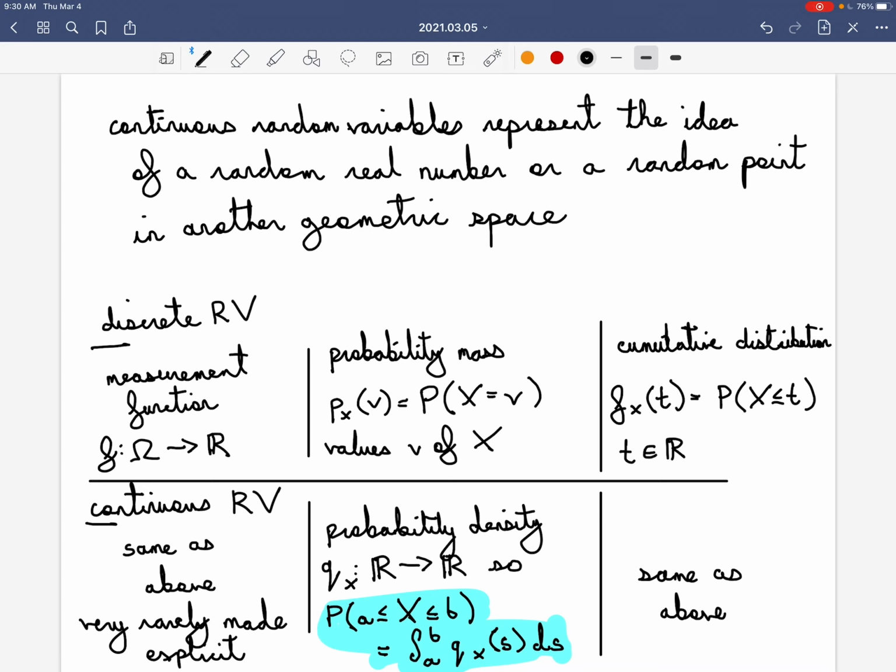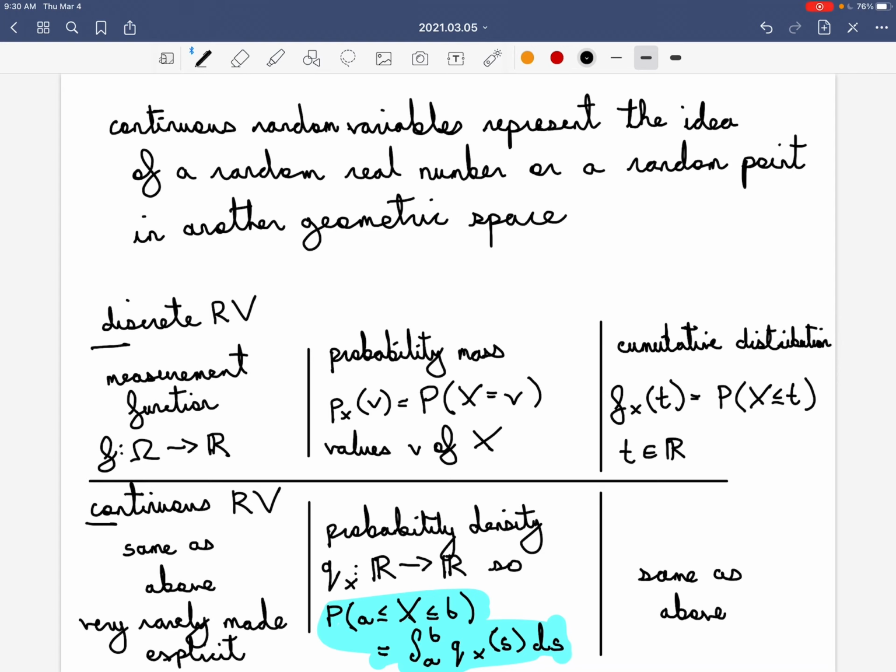What we're going to do is parallel the three forms of defining a discrete random variable.